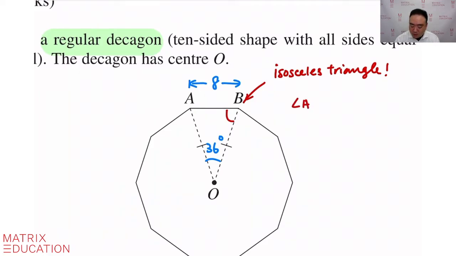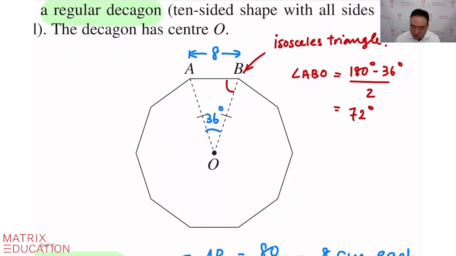Because the sum of the entire triangle has to be 180 degrees, we take away 36 degrees, and then divide by 2 because it's shared between angle A and angle B. 180 minus 36 divided by 2 is 72 degrees. So we have this angle as 72 degrees.